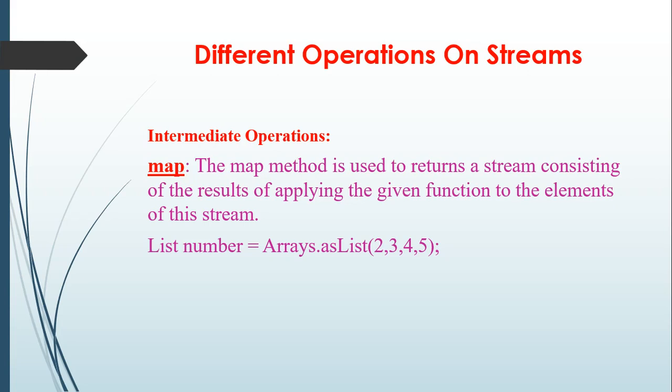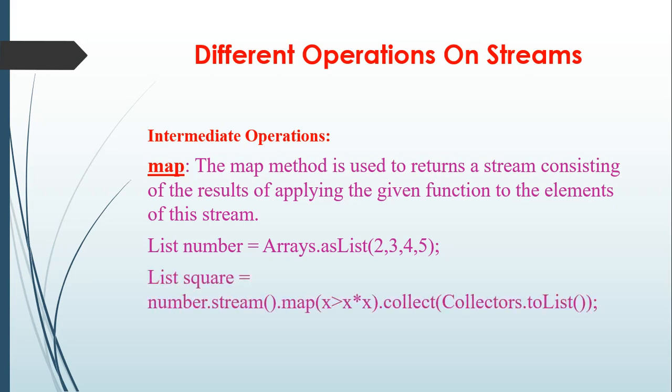List<Integer> square = number.stream().map(x -> x * x).collect(Collectors.toList()). In this method, number.stream().map makes the squares and returns them as a collection in a list.